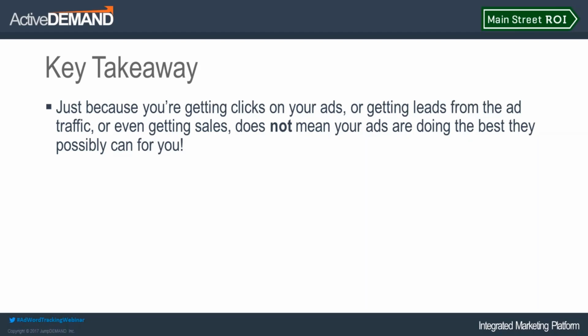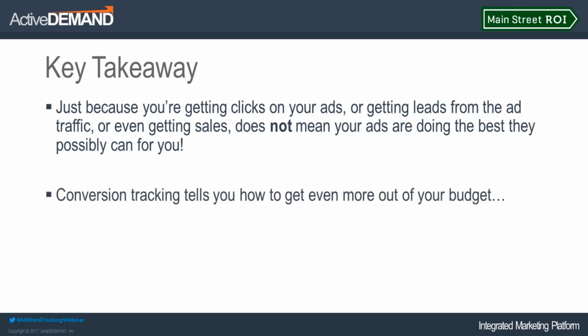Hopefully you realize that you can't be optimizing a campaign if that's all you're looking at. But even if you're tracking leads, you can be missing big opportunities, and I'll show you that in our case study. And even if you're tracking sales, if you're not looking at the actual order value and the costs associated with those customers, you could be missing out on big opportunities.